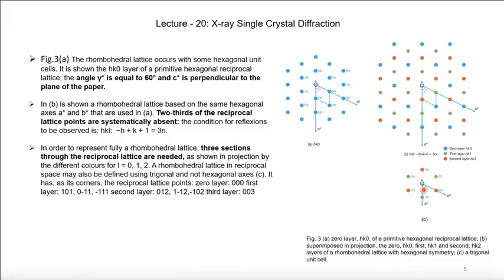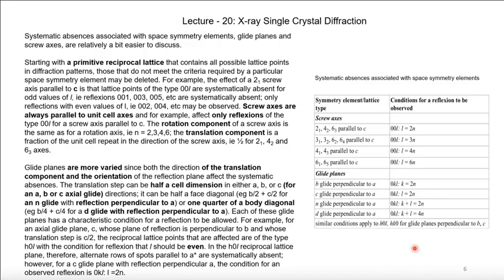Okay, we go now to a little more on systematic absence, or the condition for a reflection to be observed. By extinction, we have talked about it. We said extinction or systematic absence, or condition for a reflection to be observed. So we have been talking about lattice type and not very much about symmetry elements, but point symmetry elements we have discussed.